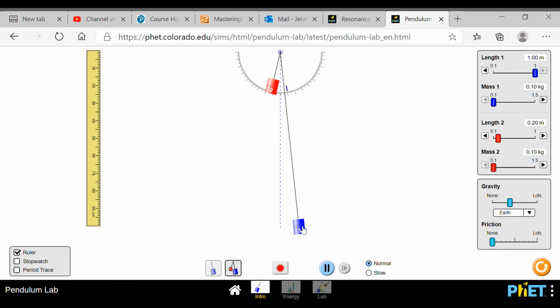It takes a long time to go back and forth, but look at how quickly the red pendulum up here is swinging back and forth. So we saw in the equation that the pendulum's frequency is inversely proportional to the length of the string. So the shorter string produces a higher frequency of oscillation.